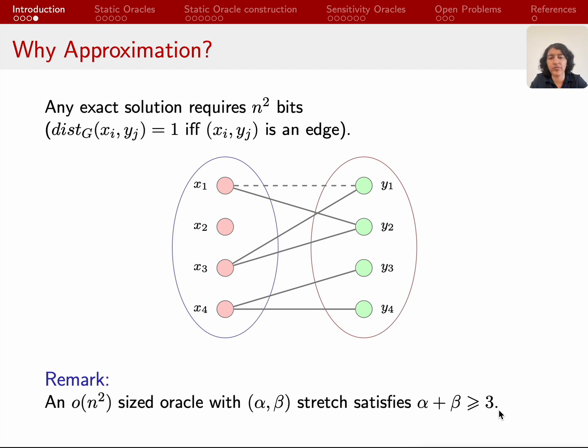And that's why if you are interested in having a compact oracle whose size is much smaller than n square, then the only possibility is having oracles with some additive or multiplicative stretch.